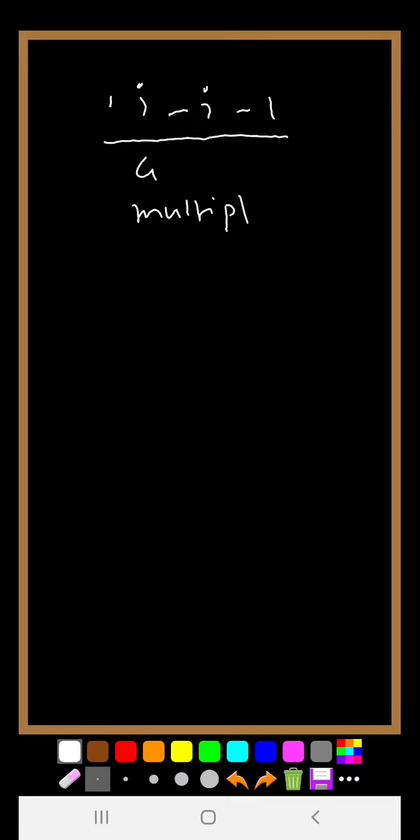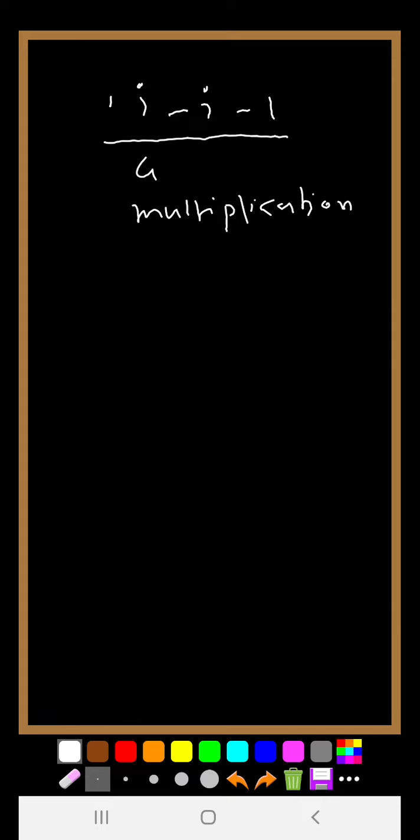We'll first say that there are four numbers: 1, i, minus i, and minus 1. And these four numbers are forming a group G under ordinary multiplication. So here the group operation is multiplication.